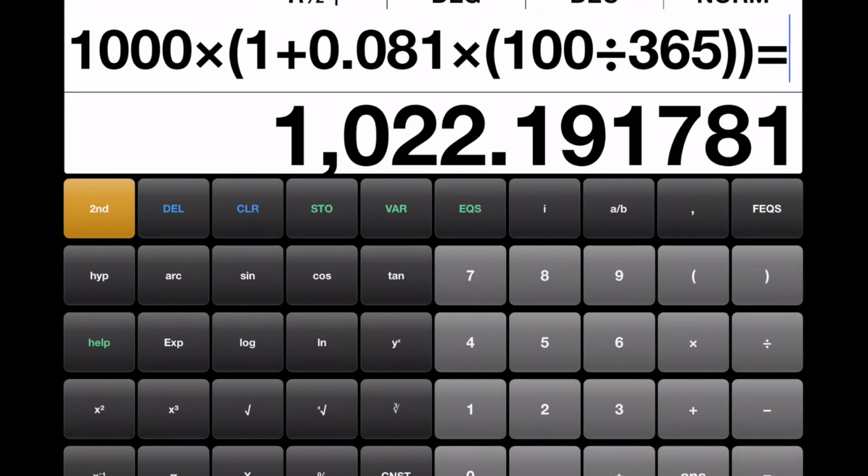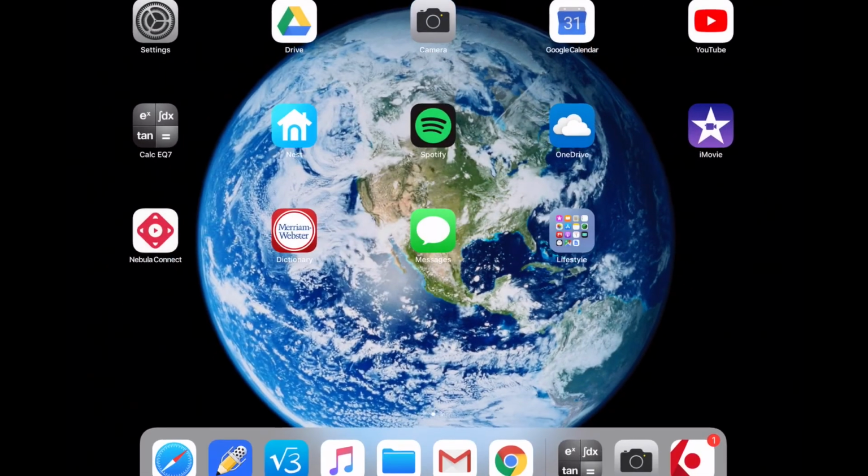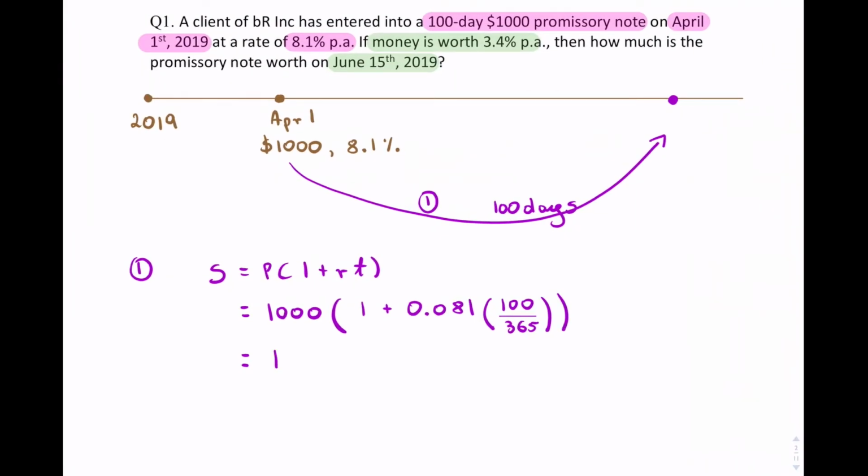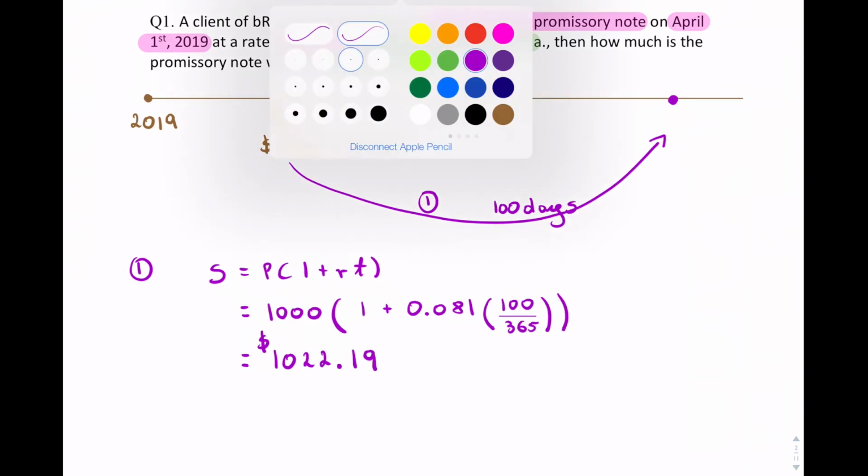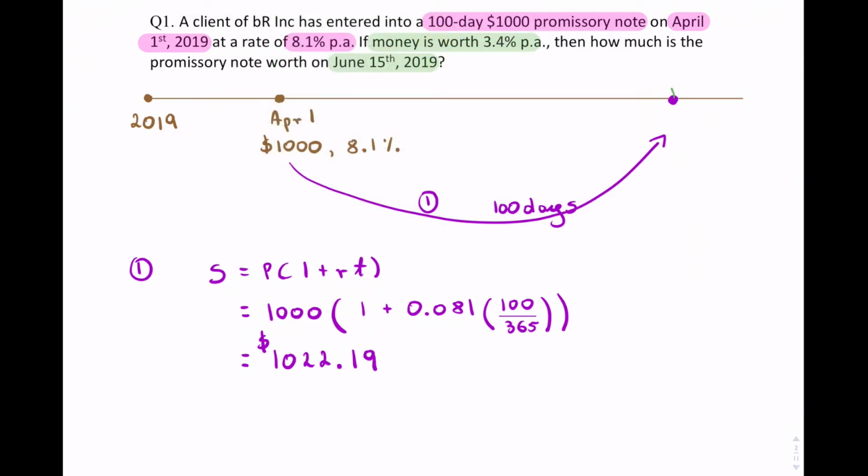Equals 1,022.19. So this is the maturity value 100 days later. Now we need to bring this back.